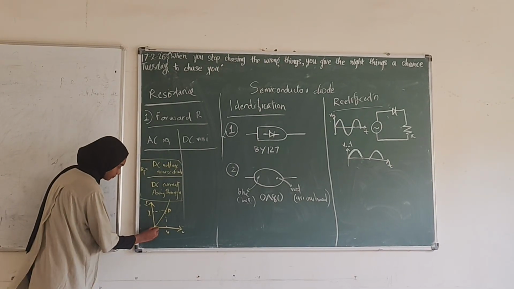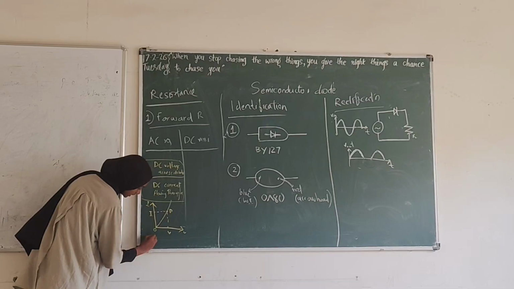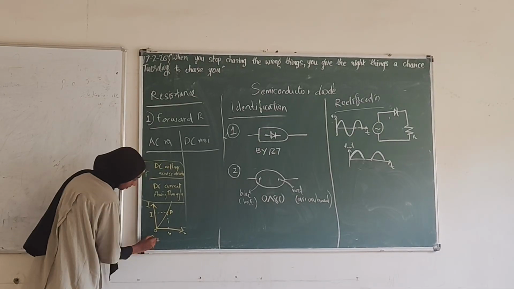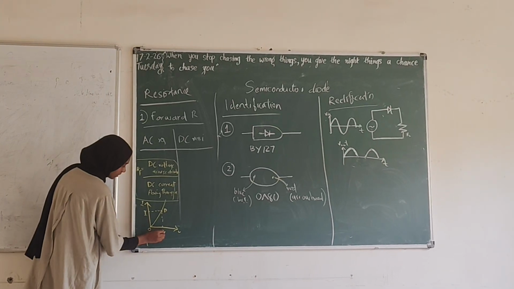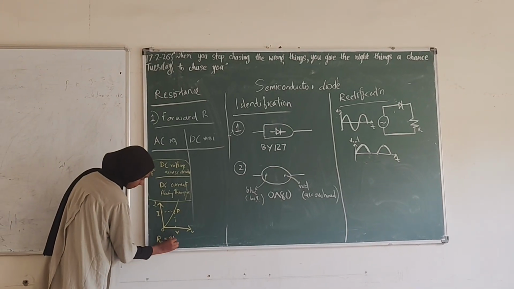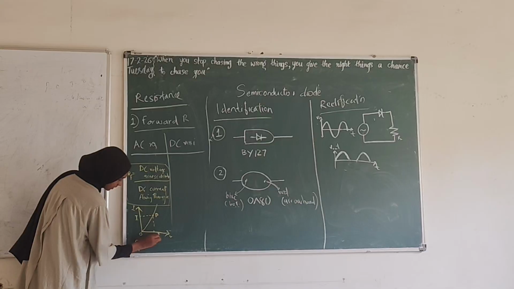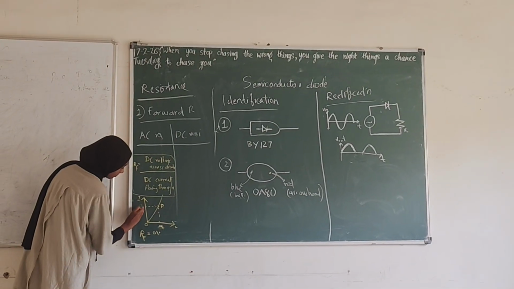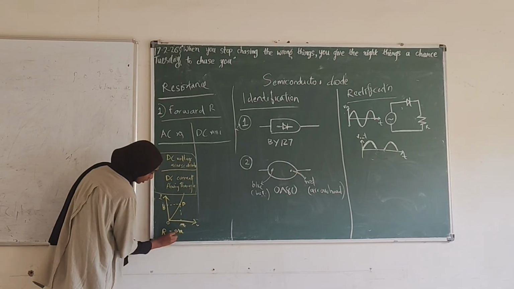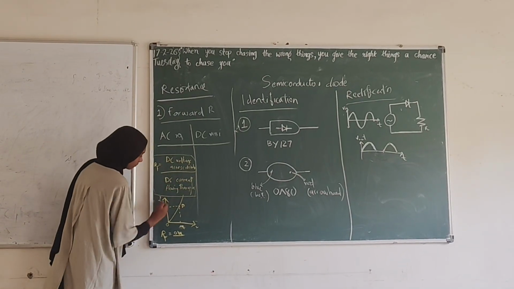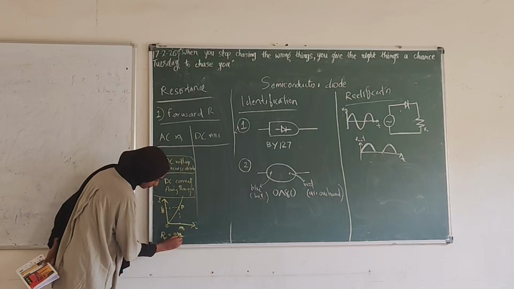So to find RF, we can say that RF is equal to DC voltage across the diode, which we can take as OV. We can represent this by A and B. So OA by DC current flowing through, right? So OB.